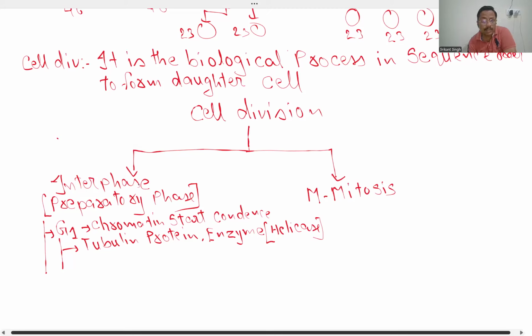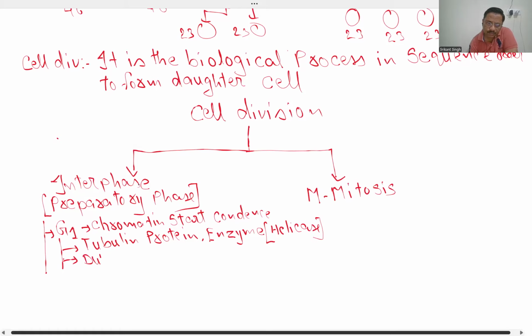Also duplication of the centriole, and also duplication of organelles like endoplasmic reticulum, Golgi apparatus. Mitochondria is also going to be duplicated.